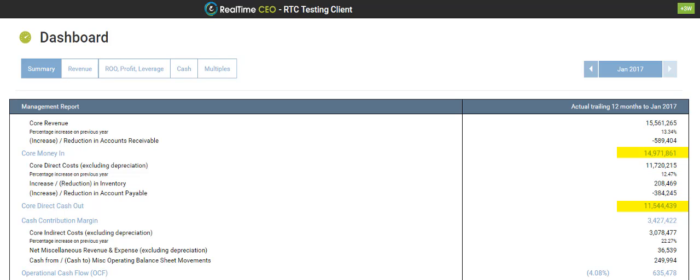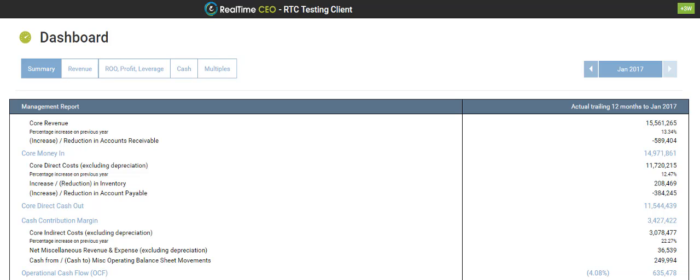$14.971 million comes in, $11.544 million goes out, giving us a cash contribution margin of $3.427 million. From that, we deduct our indirect costs, not including depreciation, and we adjust by the net miscellaneous revenue expense and the cash generated or cash used for miscellaneous operating balance sheet movements.